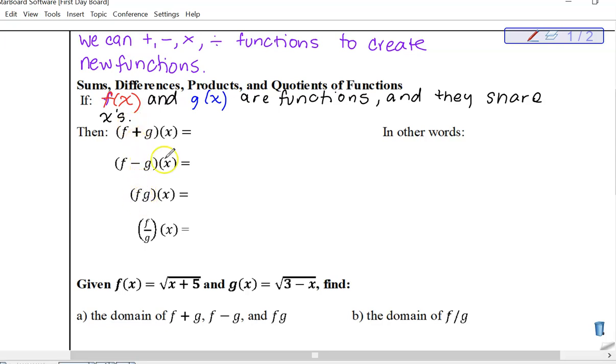But these are the conditions that must exist. They have to be functions, and they have to share the same domains in some places, have common x's.